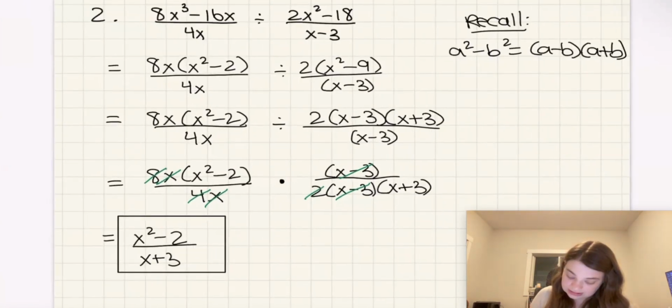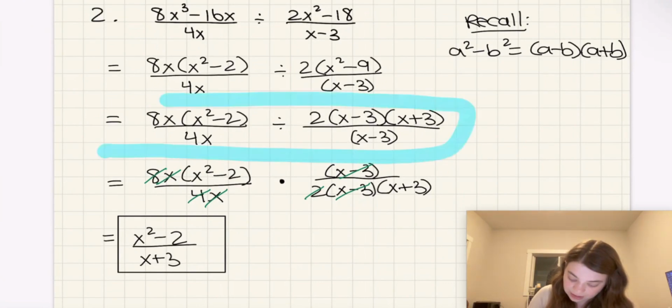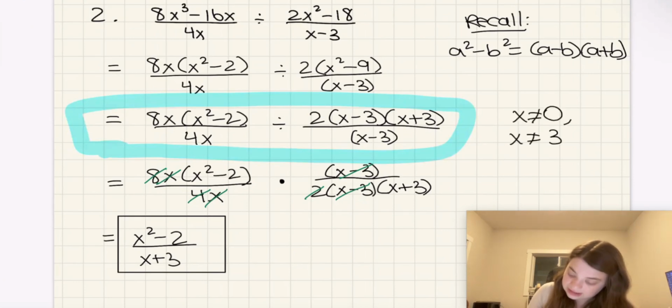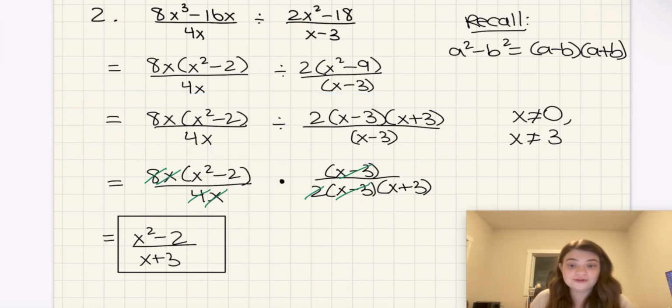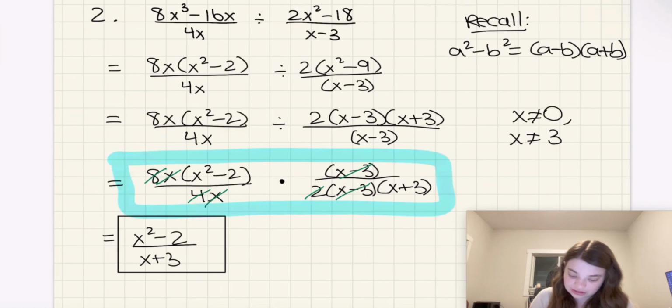Okay, now I need to state the restrictions. So the restrictions, starting with the step right before we flip, we have that x cannot equal 0 and x cannot equal 3, because either one of those would make one of the values in one of these denominators 0. And then we also want to check the step after we did the flip, because now we have a new denominator in the second fraction.